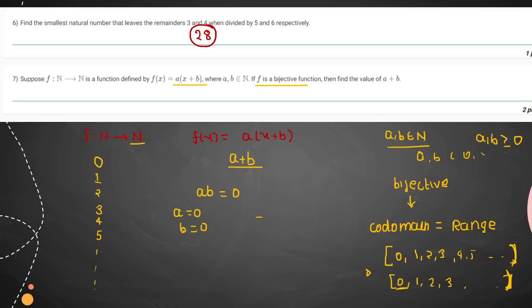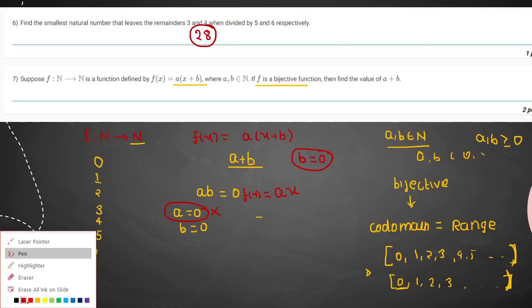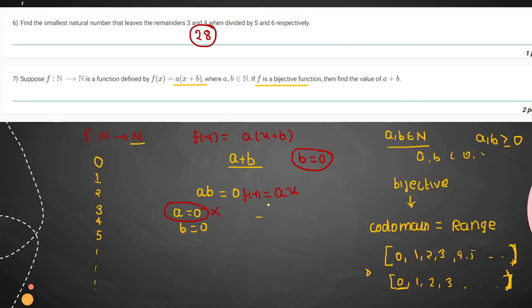Okay, so that means a equal to 0 will be rejected. So here b should be equal to 0. So now the equation reduces to a times x. Okay, so f of x is a times x. Since this is a bijective function, when we substitute x as 1, its output will be 1. Okay, then only it will proceed further.